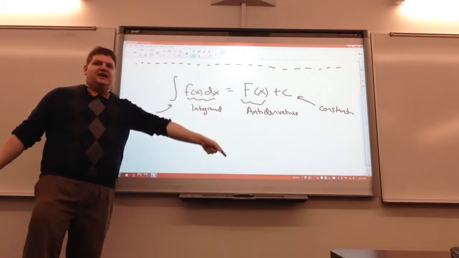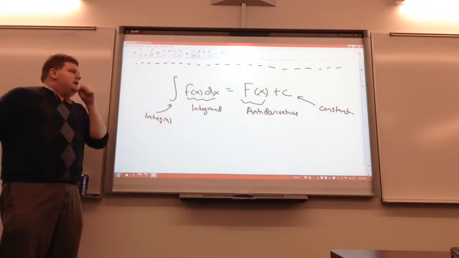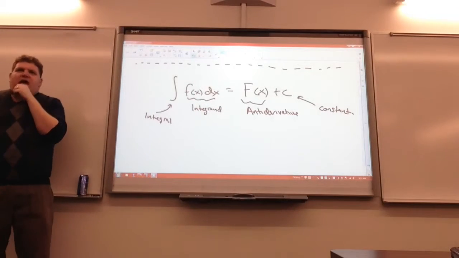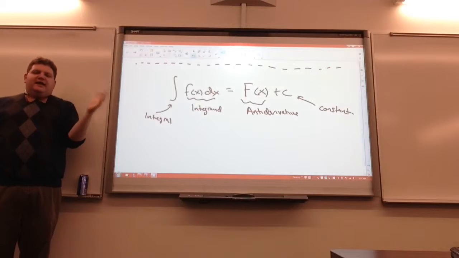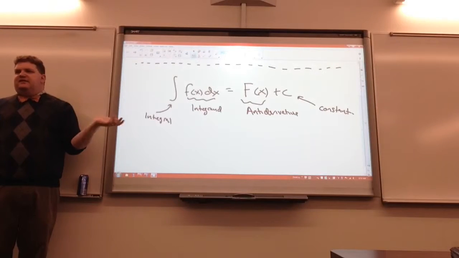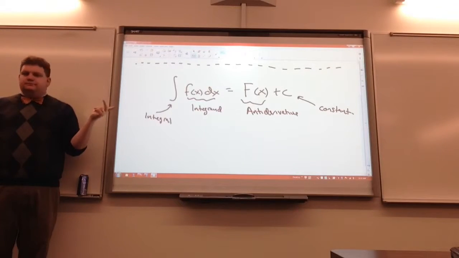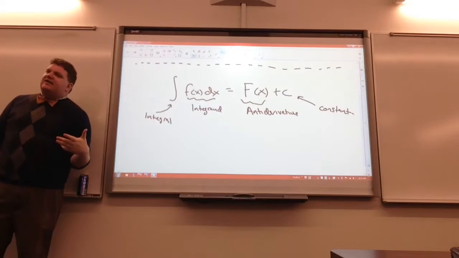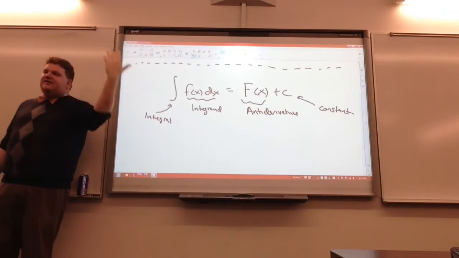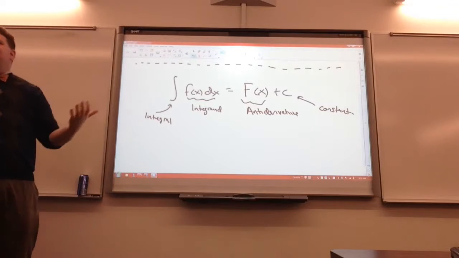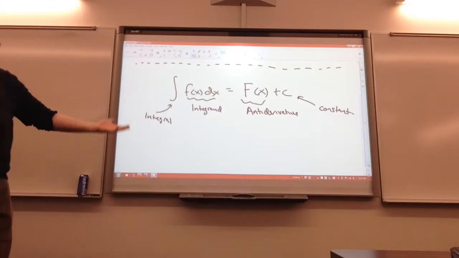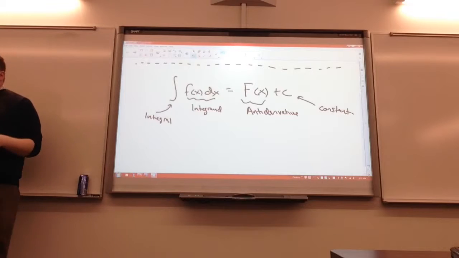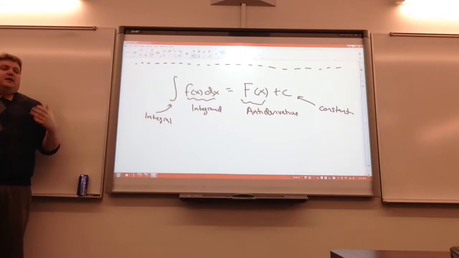When you think about it, it comes about because when I take a derivative, what happens to constants? They go to zero. So if I'm reversing that process, I should have these constants come back, but is there any way to figure out what the constant is? No, so we put it in as a placeholder, a plus c. We know it should be there, but we have no idea what it is.